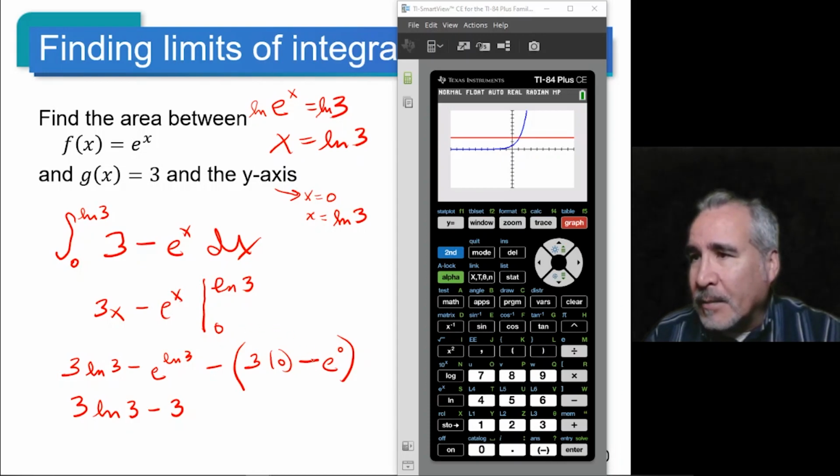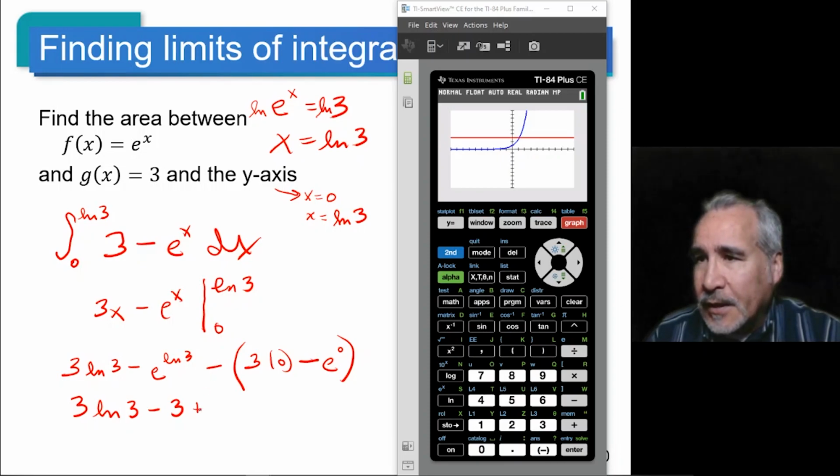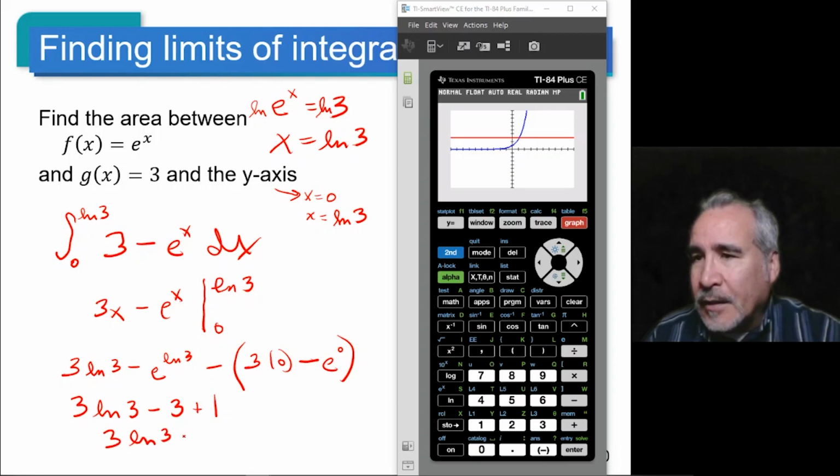A minus and a minus make a plus 1. So we get all that right? I think we did. And so our final answer, 3 natural log of 3 minus 2. That's it.